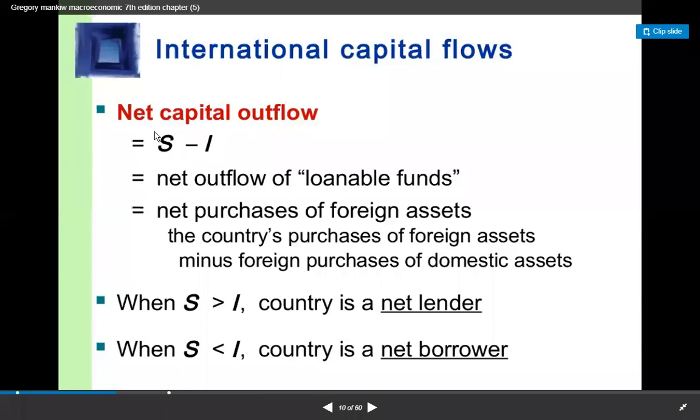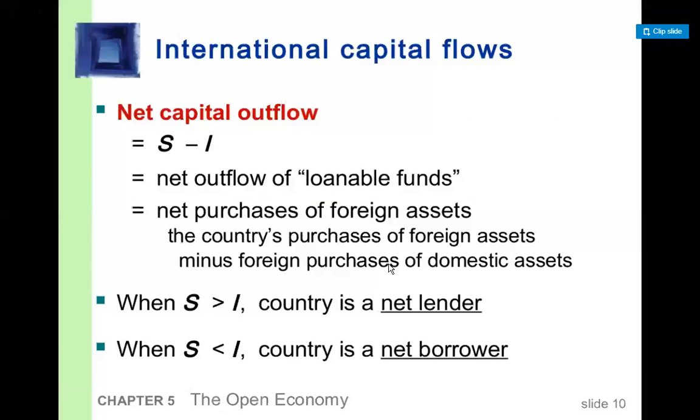That means the difference between is equal to net purchases of foreign assets by the domestic investors minus foreign purchases of domestic. Now we have two options.